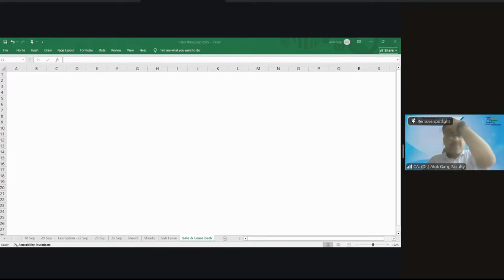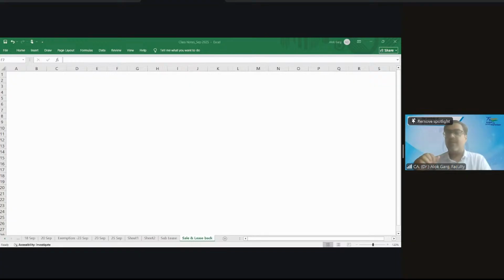In this kind of transaction, 2-3 things are very important. Number one, is there any element of loan? Is there any element of funding, financing? If there is any element of financing, that element needs to be taken care of.